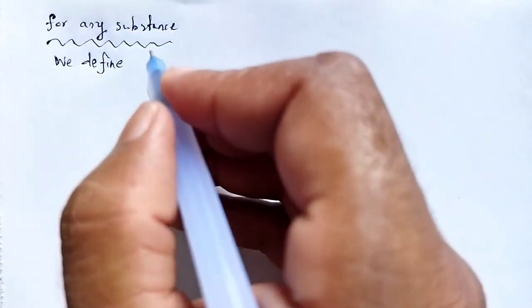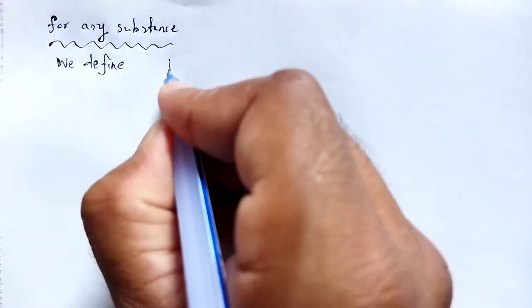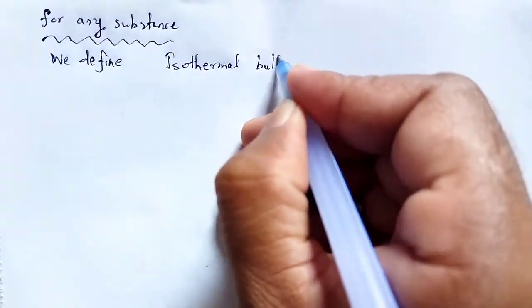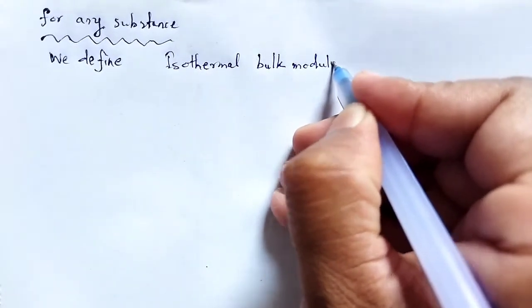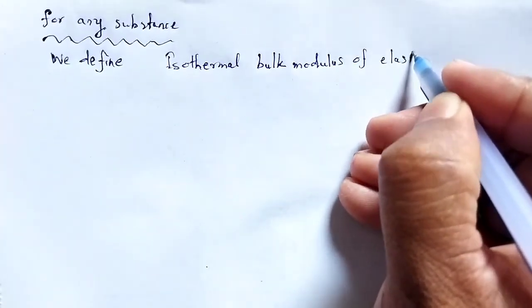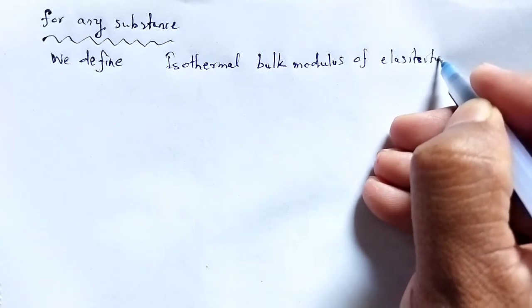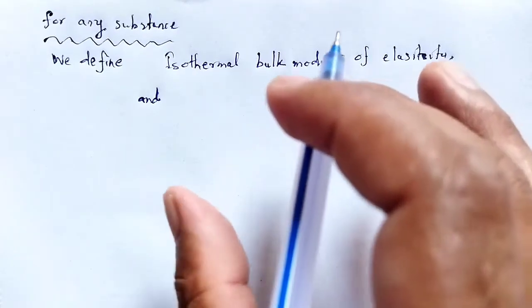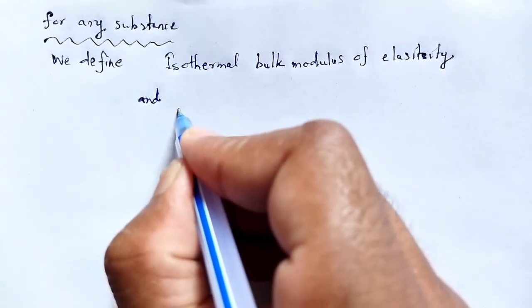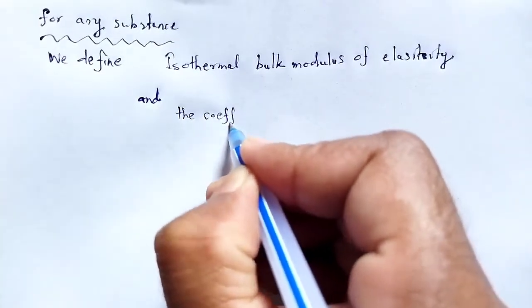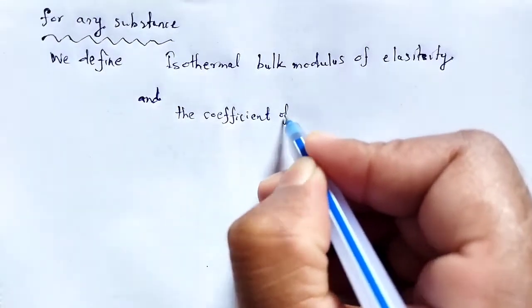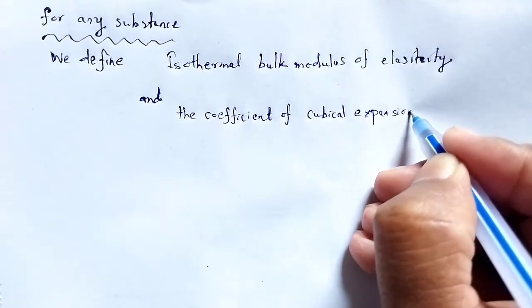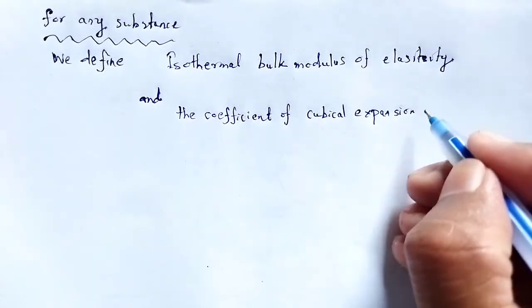two things. One is the isothermal bulk modulus of elasticity and the coefficient of cubical expansion of any substance.